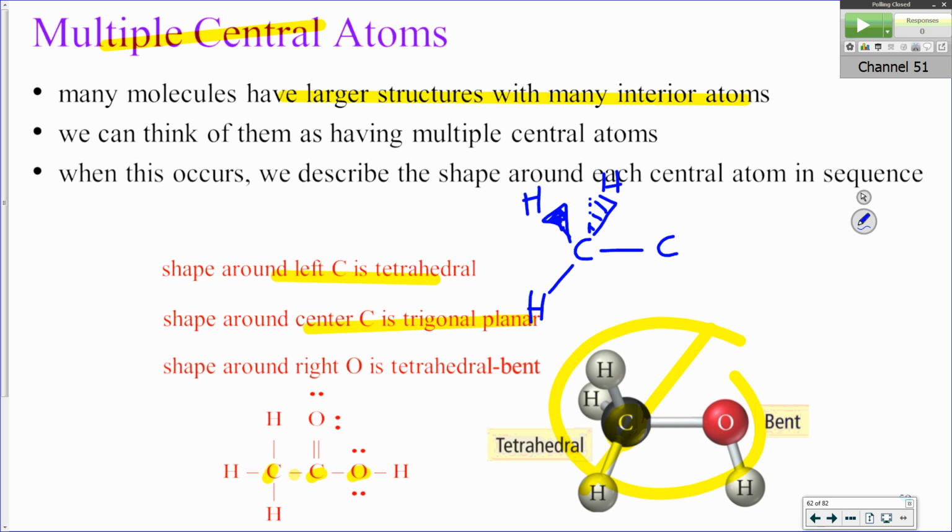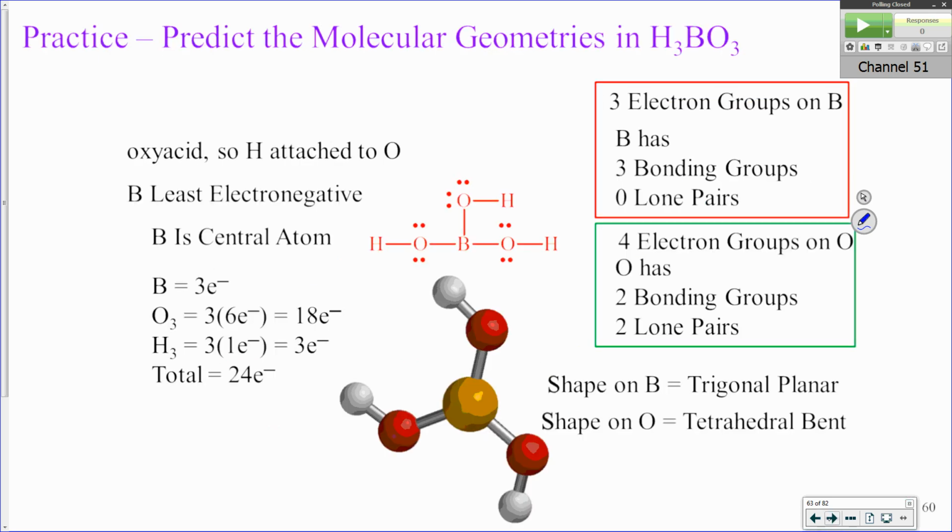The next one would be trigonal planar, so I would have my double bonded oxygen here, and then go to the last one, to the bent, to the oxygen. So we'd have a bent, and we can just build on it and start to get the three-dimensional shape of what things look like. So you take it one atom at a time is what it comes down to.